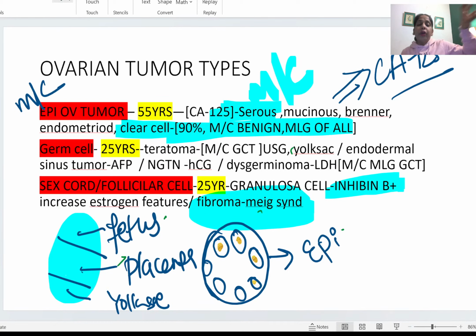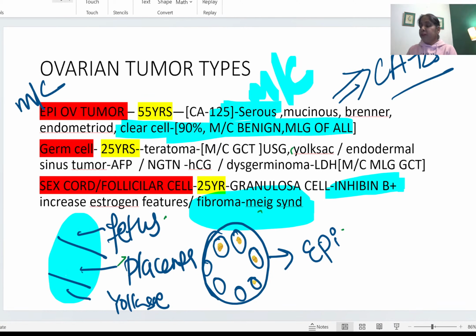So the female body will go into hypoproteinemia, and there will be ascites and pleural effusion, and that is known as Meigs syndrome. What is Meigs syndrome? Meigs syndrome means fibroma of ovary plus ascites plus pleural effusion.